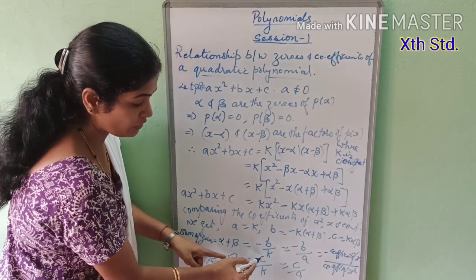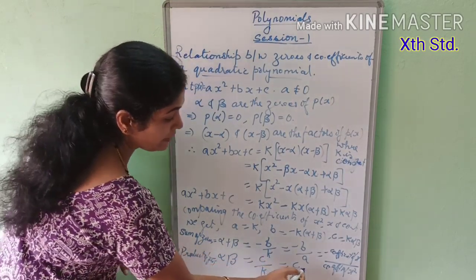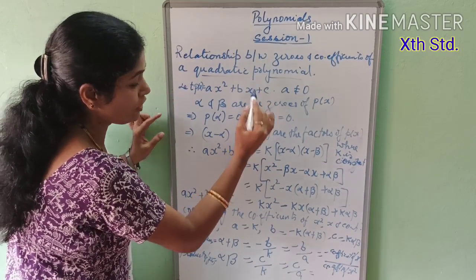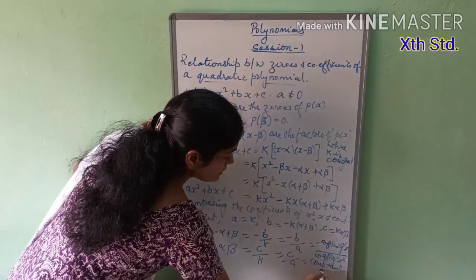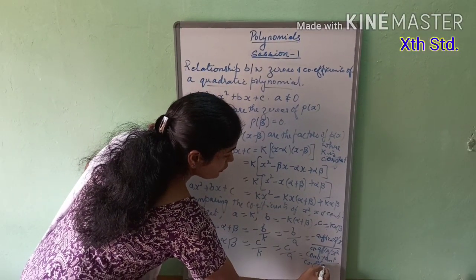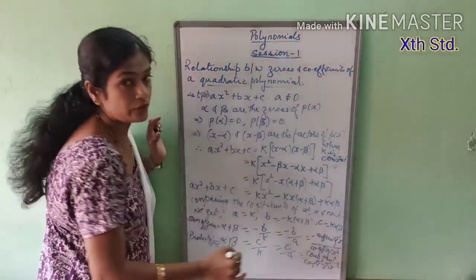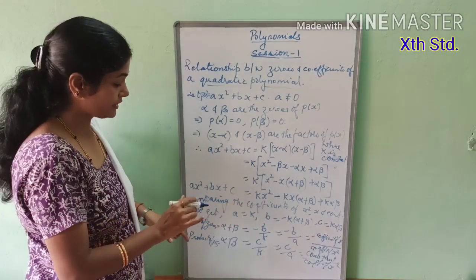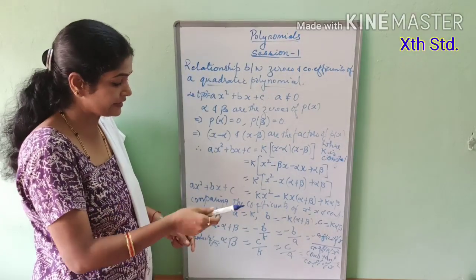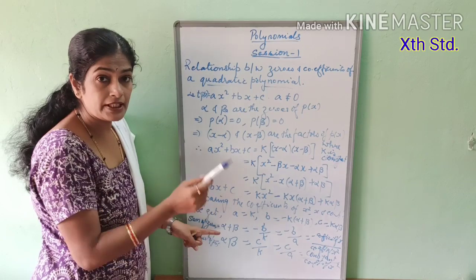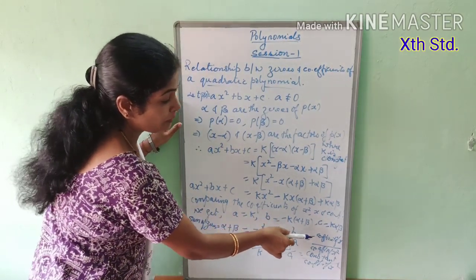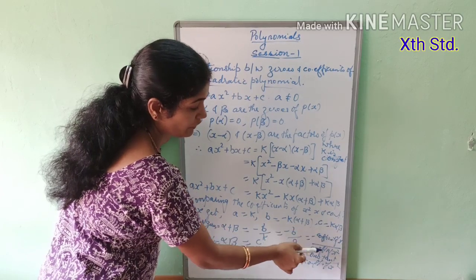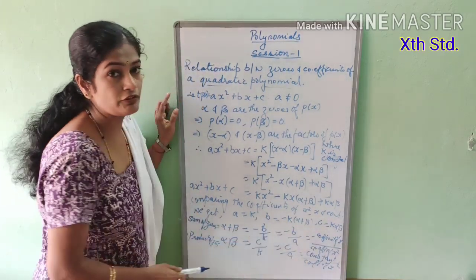Now just look at this, alpha into beta. Product of the zeros is c by a. What is c in this standard form? This is the constant. And what is a? It is again the coefficient of x square. Look carefully, you just see. This is the relation. Alpha and beta are the zeros. Sum of the zeros is equal to minus coefficient of x divided by coefficient of x square.